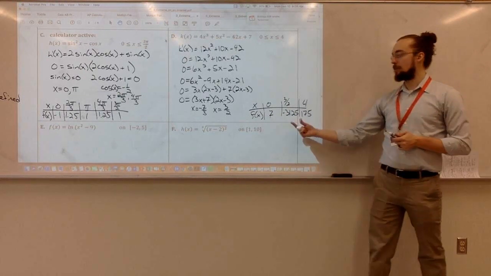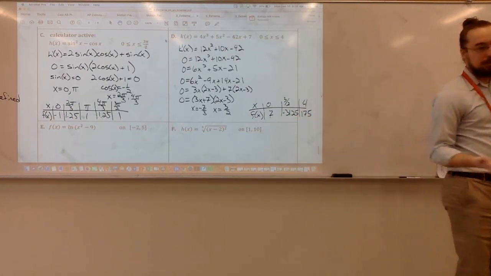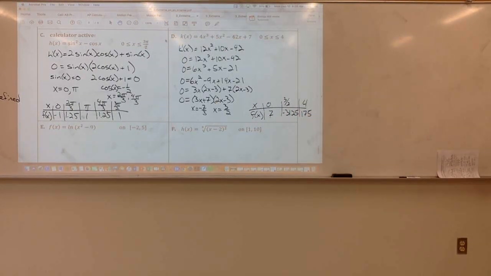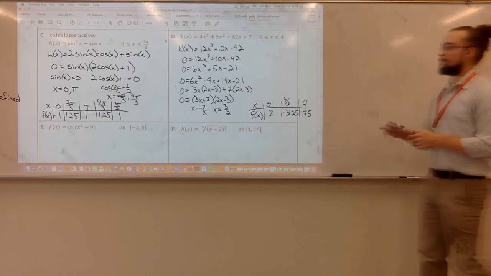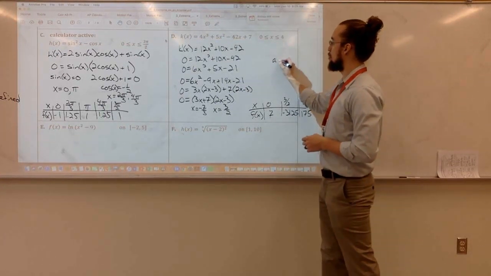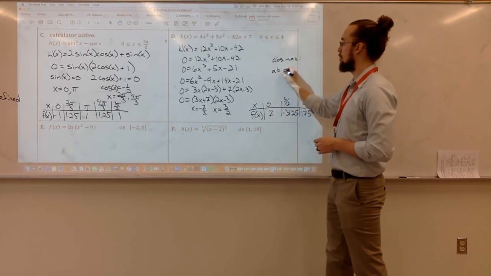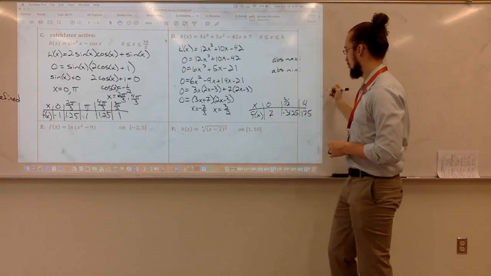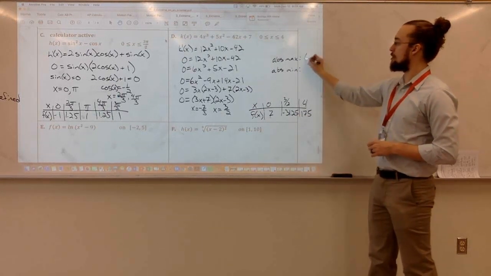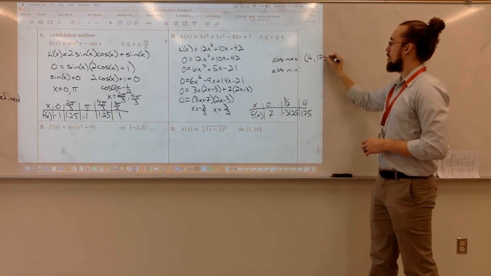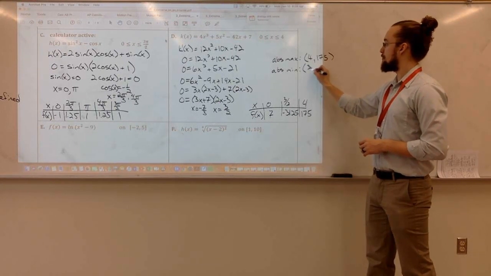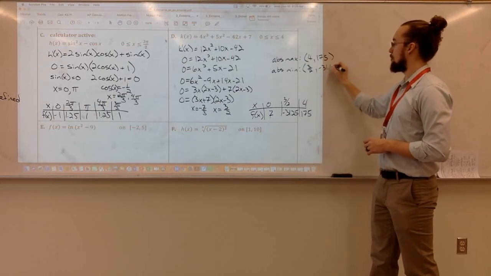If I plug those in, I get 7, negative 31.25, and 175. So my absolute max would be at 4, 175, and min would be at 3/2, negative 31.25.